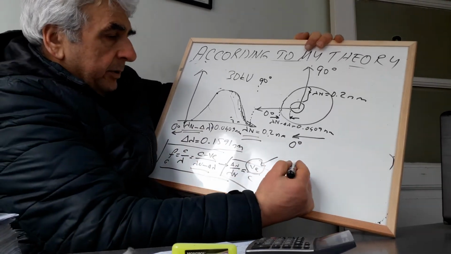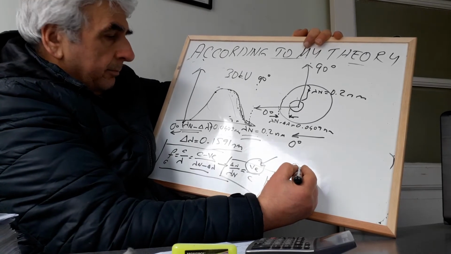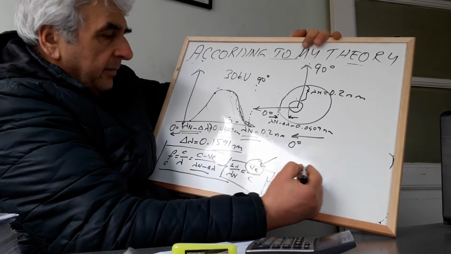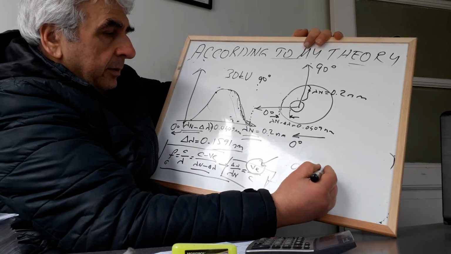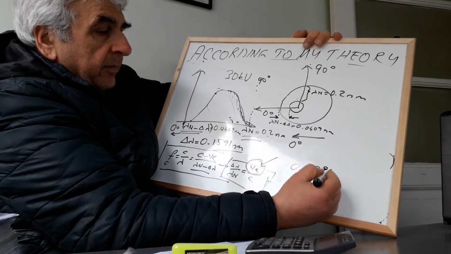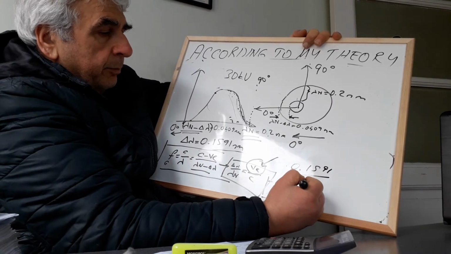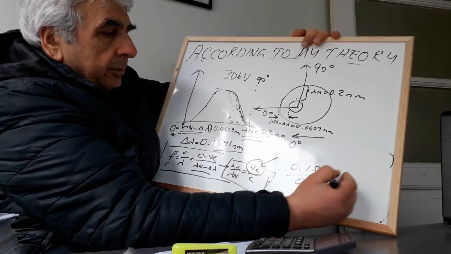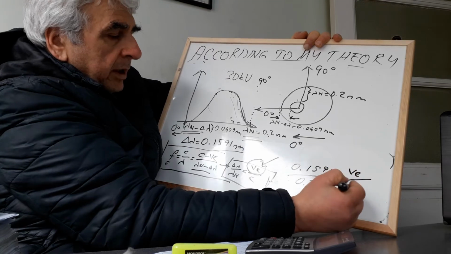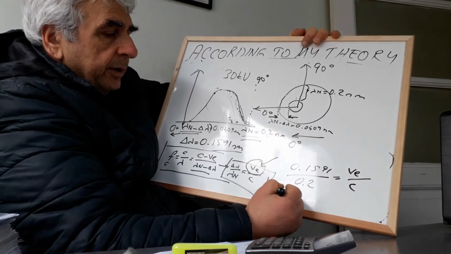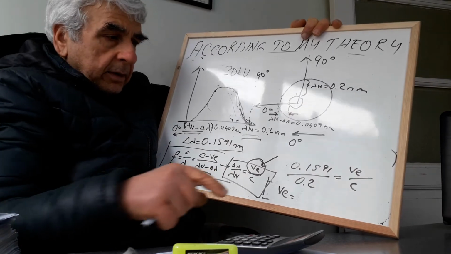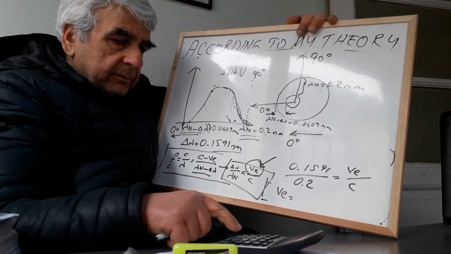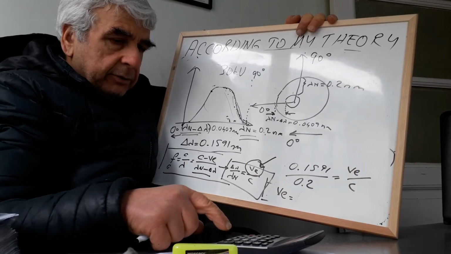Delta lambda, 0.1591 divided by 0.2, equals v divided by c. What is v? The electron velocity in this condition. Immediately we can do that. Quickly we can do that.